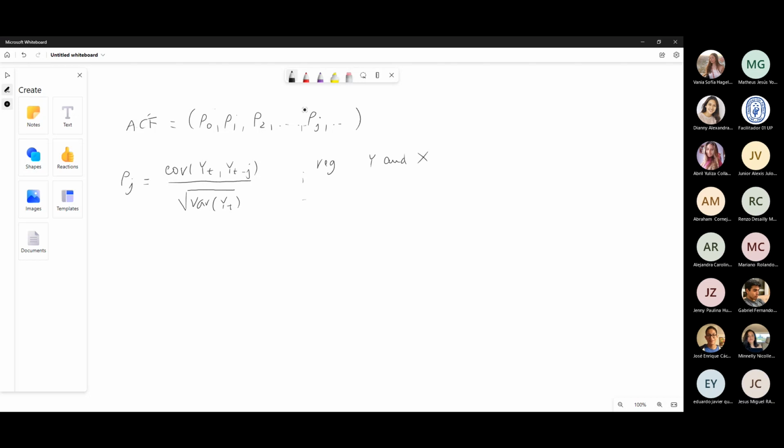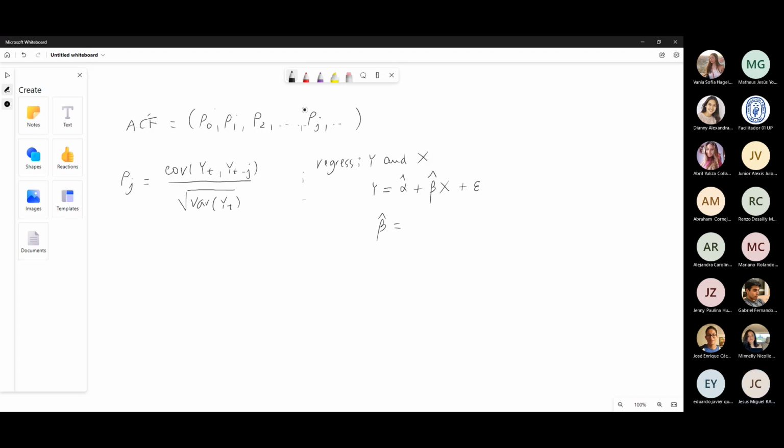Now, when you run a regression between Y and X, then you have something like this, alpha plus beta X plus epsilon, where this guy beta hat is equal to what? How would you compute beta?